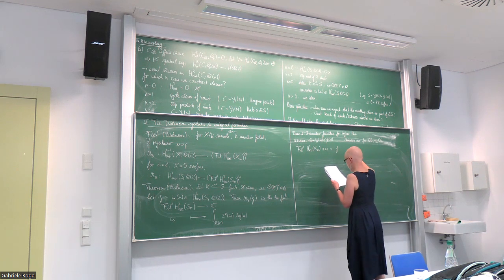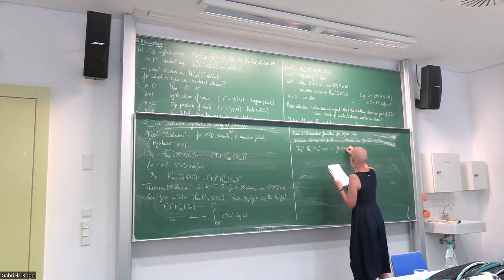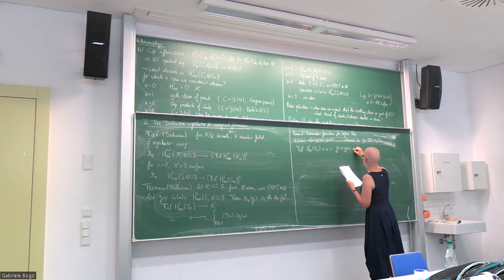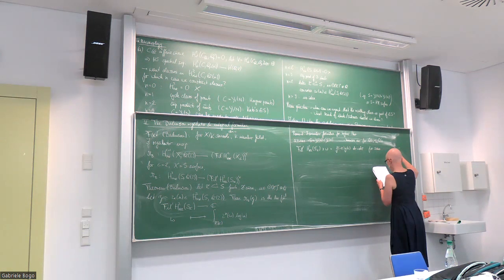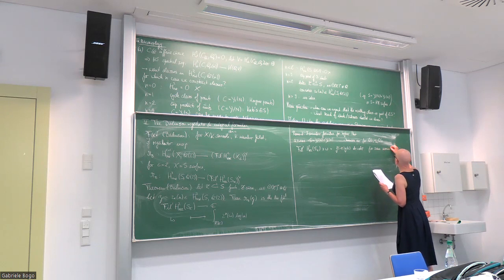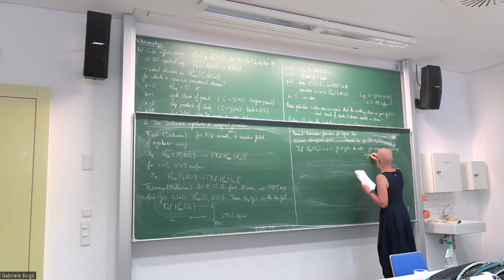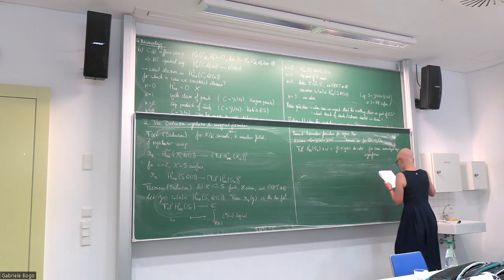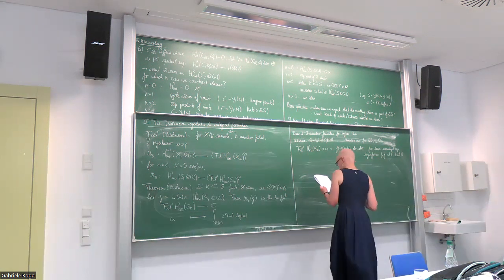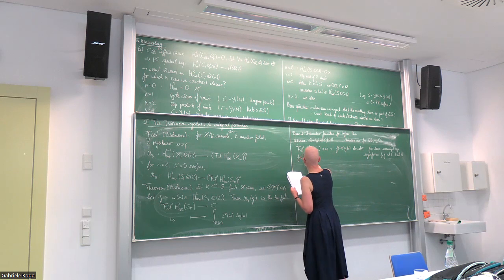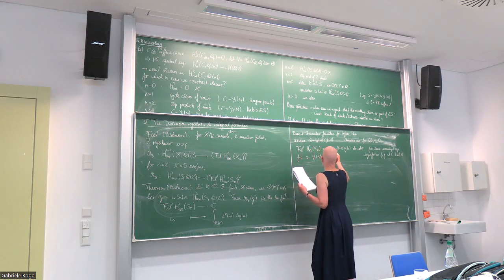This will look like f(-τ̄) g(τ) dτ wedge dτ̄ for some normalized cuspidal eigenforms f and g, which are of weight 2 and level N.